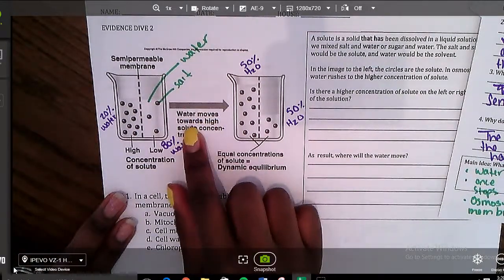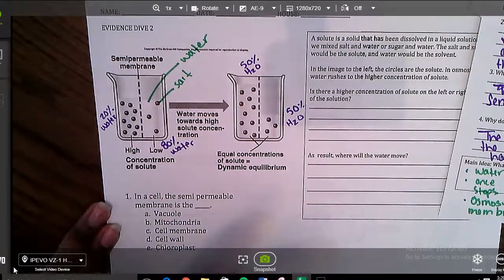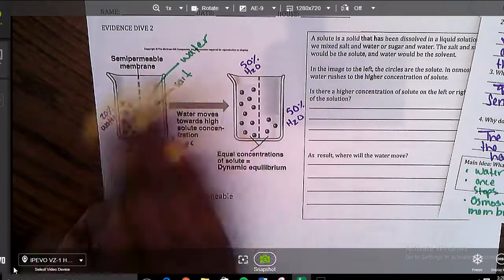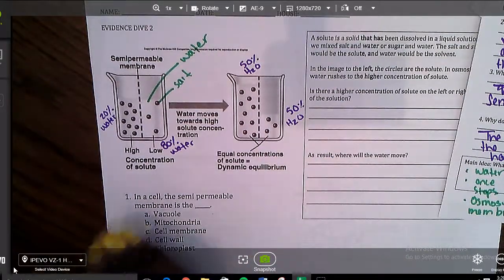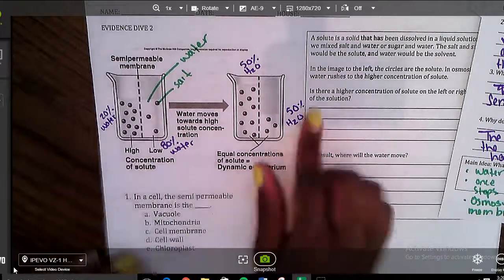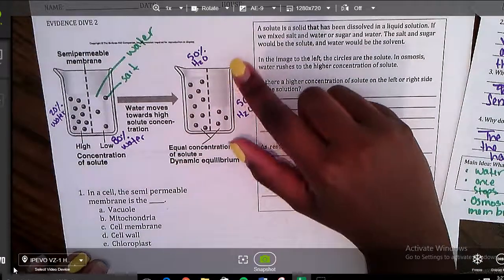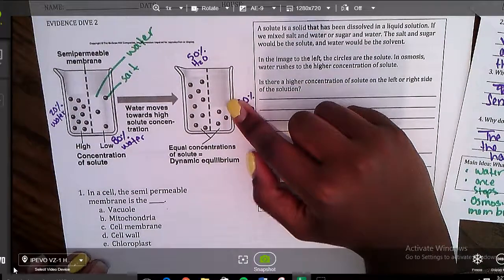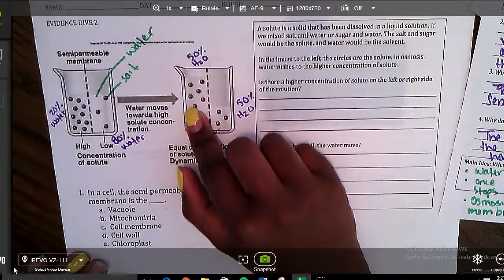Now, let's see how osmosis works. It says water moves towards the high solute concentration. Remember, we talked about this. Water likes to move in osmosis in the same way as if we were watering down Kool-Aid. Wherever there's more salt or more sugar than water, water wants to move to dilute it. So if we look over here, we see that the water level actually went down on the right side and moved across the membrane to this side.